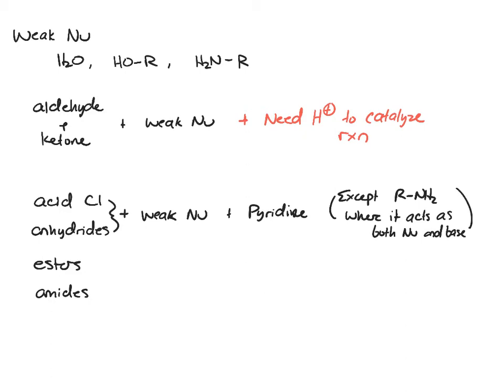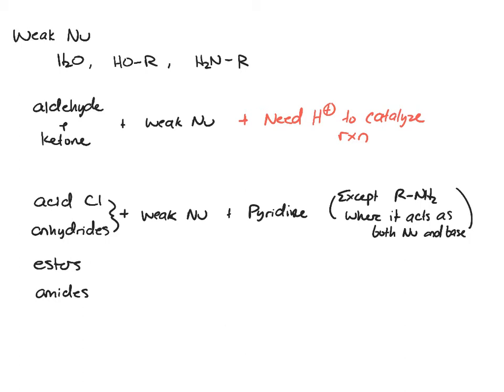So maybe to answer your question, the one case where you really just add a single thing to a carbonyl compound to get product is acid chlorides and anhydrides plus amines. That's really all you need to mix together.